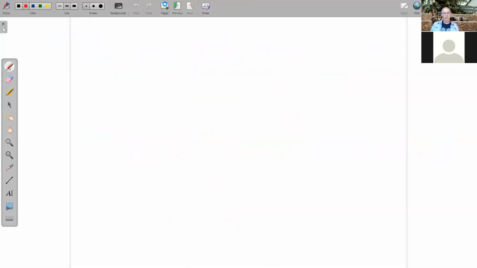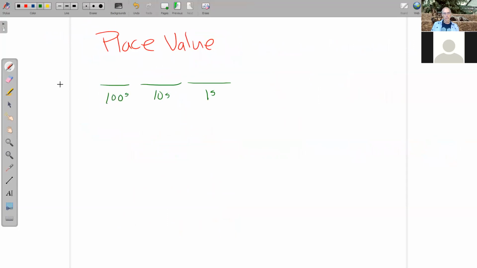So let's look at this in a little more detail. Place value. Kids for a while have been getting used to their different places, their ones and their tens and their hundreds and their thousands.